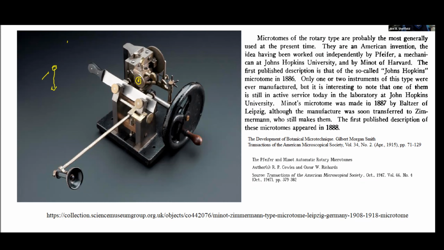The knife blade is over here, so the knife would cut it, and then the sample would go down. And then in the design of these things, it would pull it back and then move it forward again. And there's a ratchet wheel in the back here. If you hit this ratchet wheel, you'd turn it a little bit, and that would move the sample forward. So each time you'd crank, you'd move the sample forward.